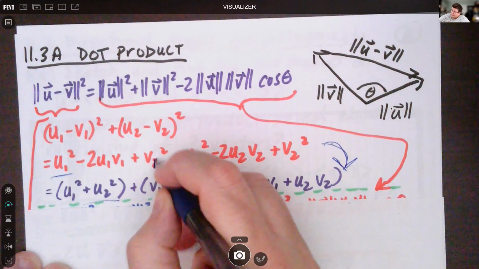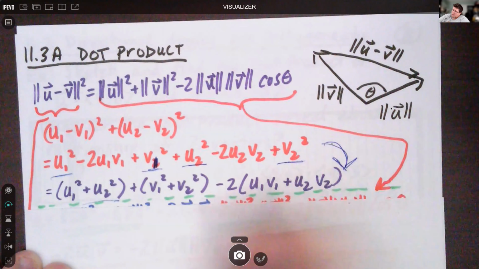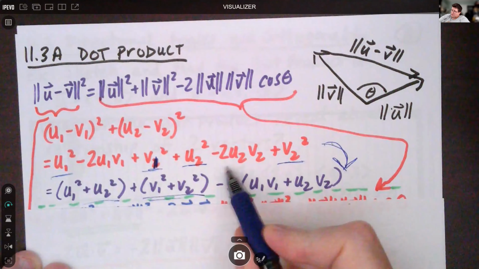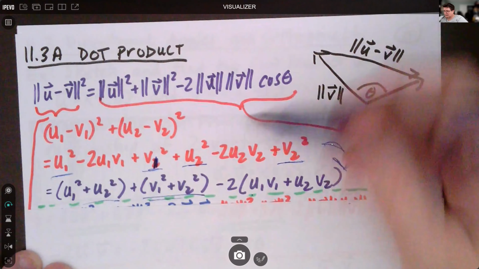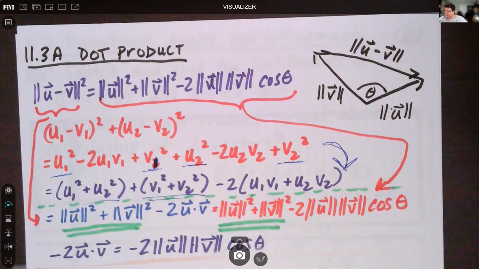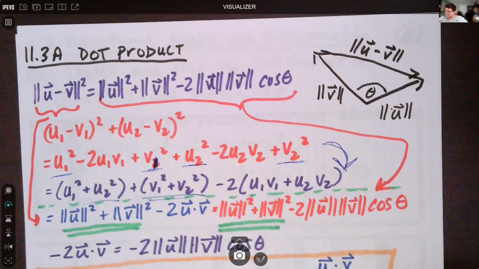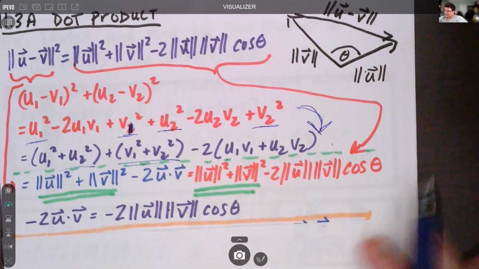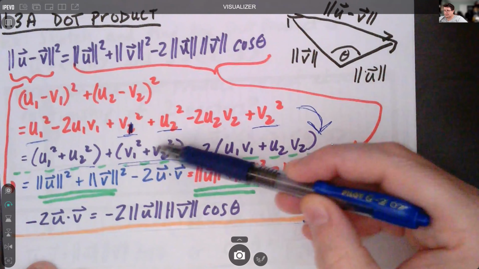Look at that mistake. v1 squared, v2 squared is right there. And then minus 2u1 v1 minus 2u2 v2. I factored out the minus 2. What I've done here is I didn't actually break anything out. I rewrote this line right here.